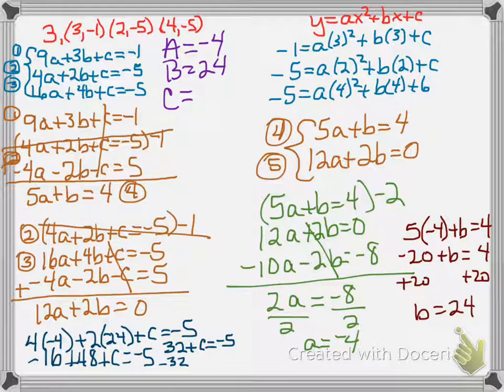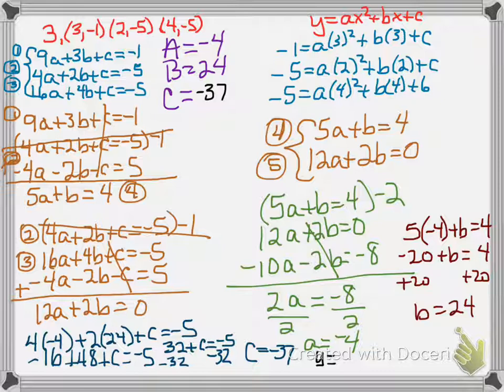Subtract 32 from both sides. c is -37. So c is -37.